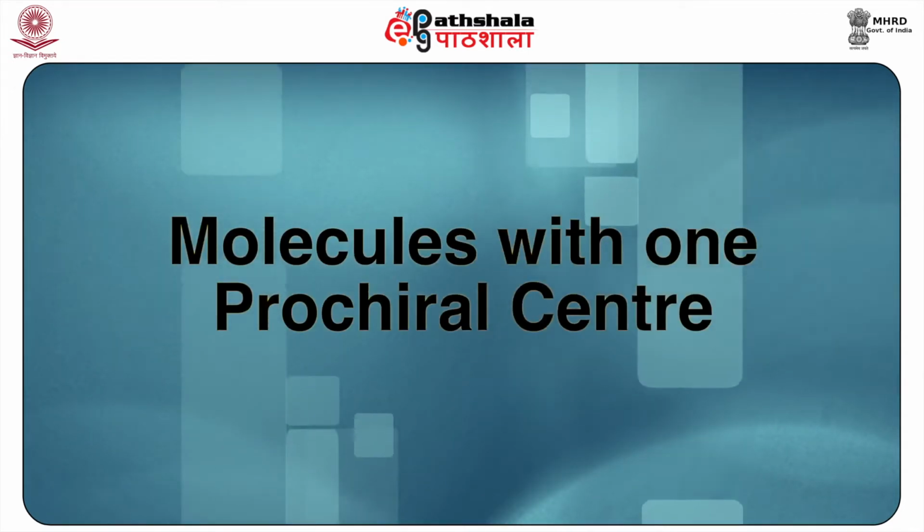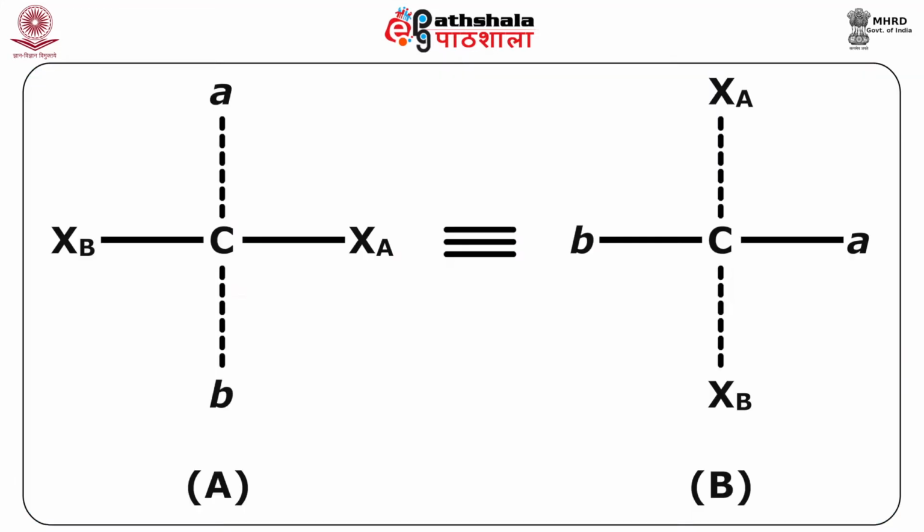Molecules with one prochiral center. Molecules with a single prochiral center are represented by the general formula CABXX and depicted by Fischer projection in two perspectives, A and B, as shown here in figure 9.